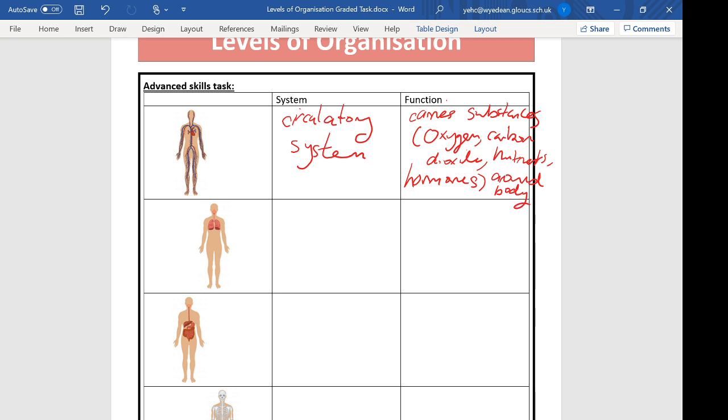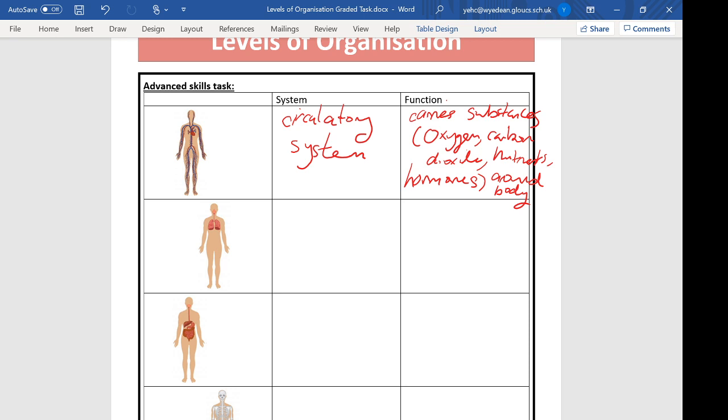Just for you guys to be aware of, if you're ever asked to give the function of the circulatory system, it wouldn't be enough just to say it carries oxygen around the body, because it carries so much more. Red blood cells specifically do carry the oxygen, but all the nutrients, when you digest and absorb food, in order for all your cells to get those nutrients from the food, they also get carried around by the circulatory system.